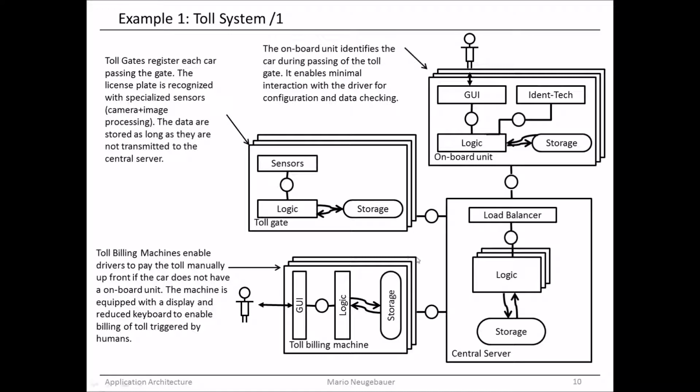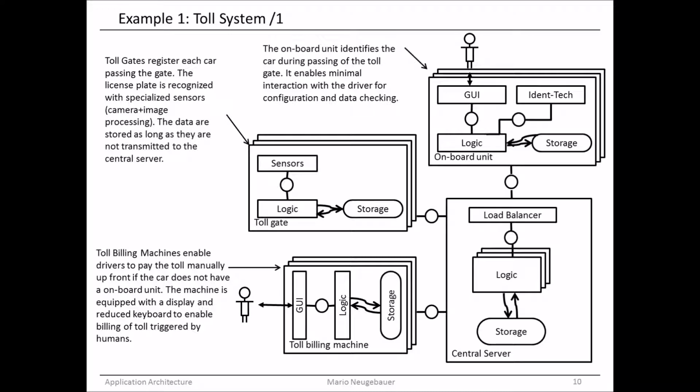And the third distributed part here is a toll billing machine. This might be important if you want to enable users to use this toll system without having such an onboard unit.